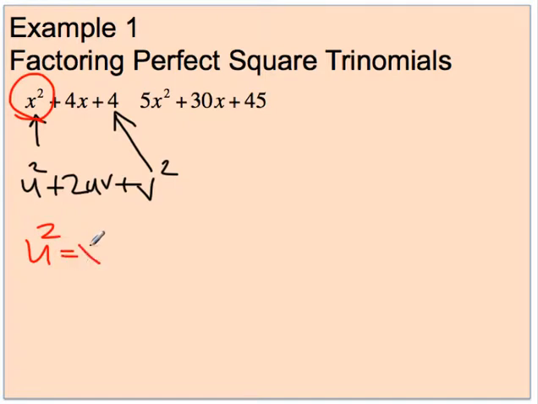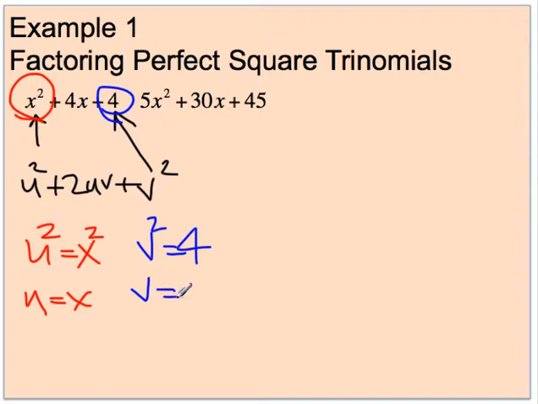So here, if u squared is equal to x squared, then I know that u has to equal x. If v squared equals positive 4, then v has to be the square root of 4, which is going to be 2. The term that I'm really concerned about is this 2 times u times v.